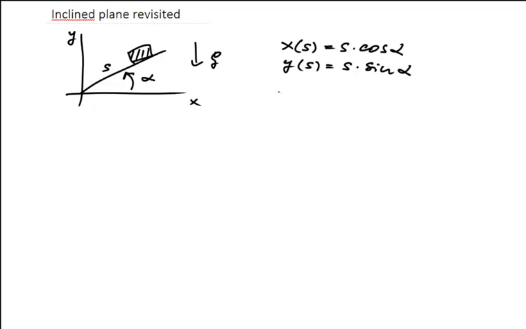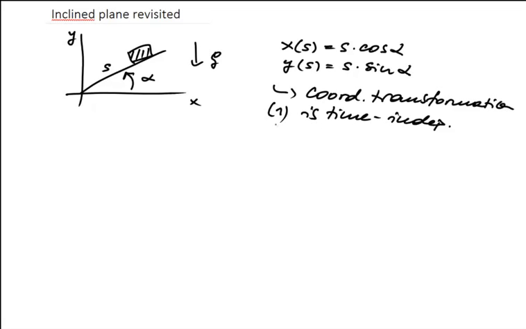This coordinate transformation is time independent, so the first prerequisite for identifying the Hamilton function with the total mechanical energy is satisfied. The potential energy depends on the generalized coordinate only.